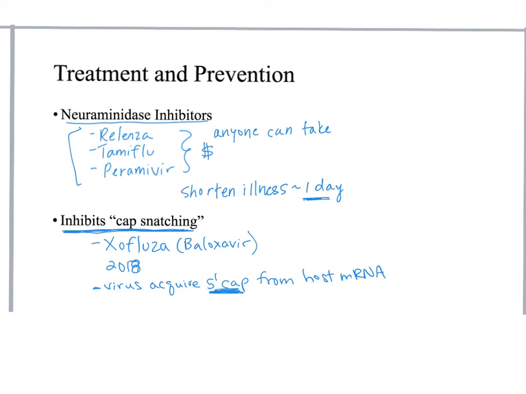So for orthomyxovirus, this is why it goes into the nucleus, in order to snatch that 5' cap from the host messenger RNA. And it actually uses it as a primer to make its own messenger RNA. So it uses it to prime viral RNA synthesis as well, and then the messenger RNA can be read at the host ribosomes.